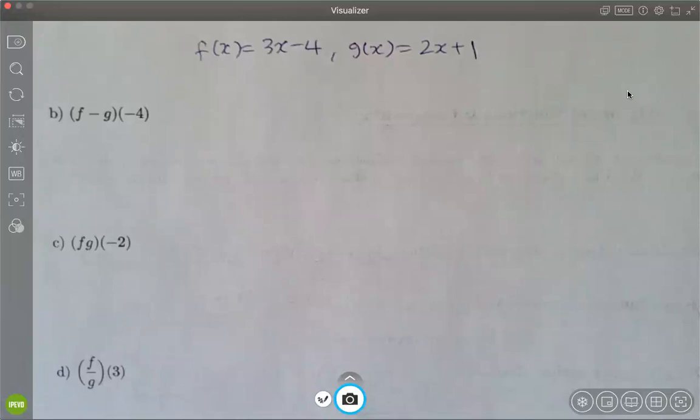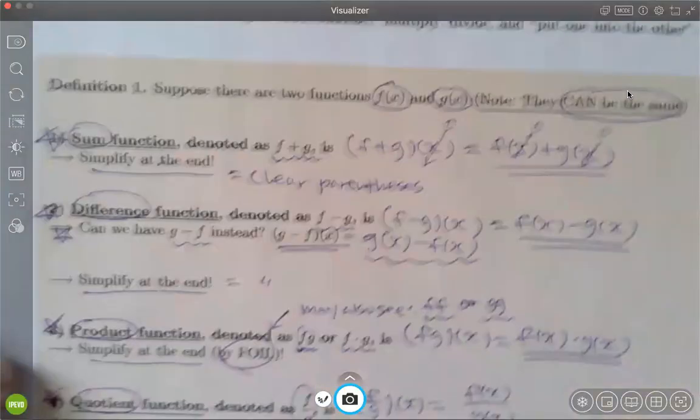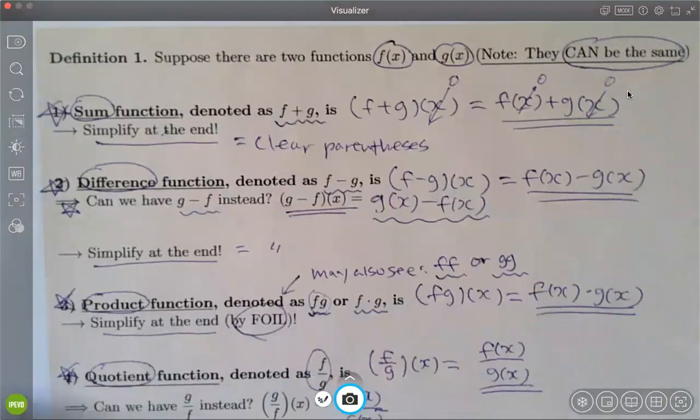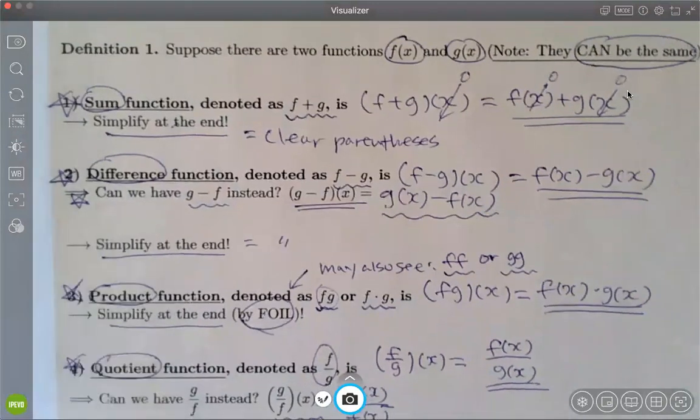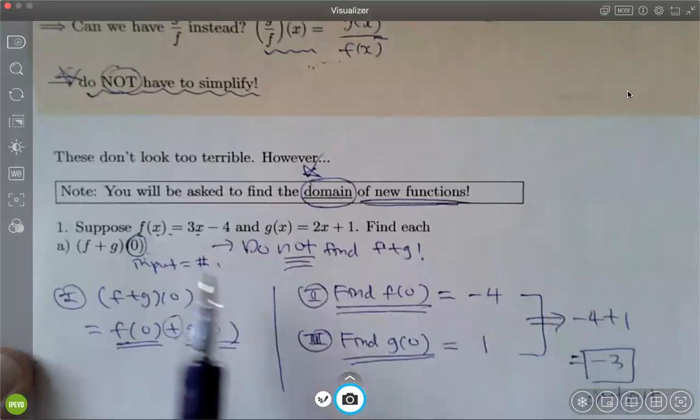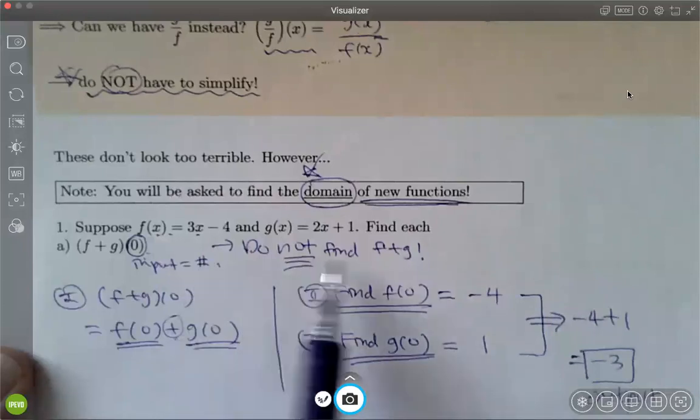But so yesterday, we looked at these 4 new functions from f and g: the sum, the difference, the product, and the quotient of functions. And we are trying to do this problem. So f was 3x minus 4 and g was 2x plus 1, and we have to find each.